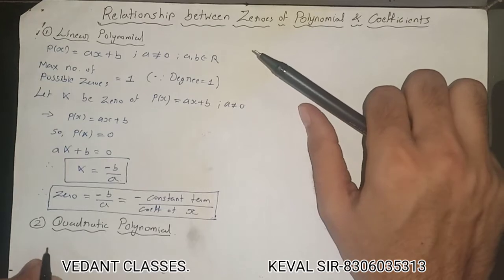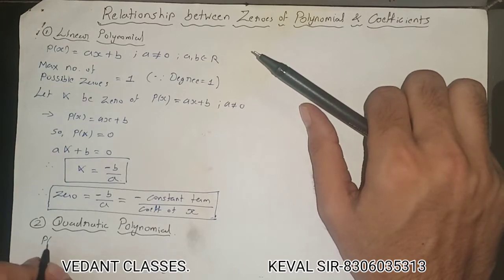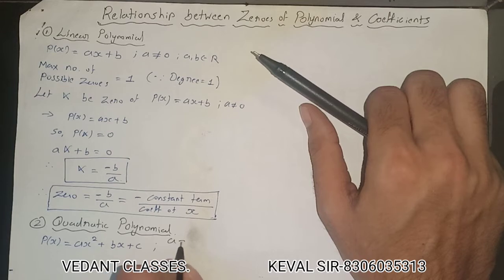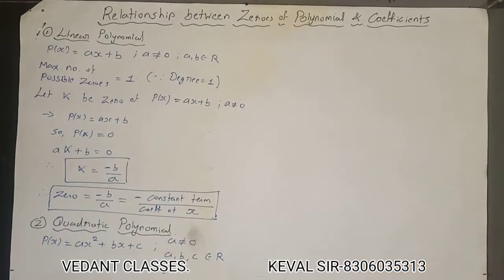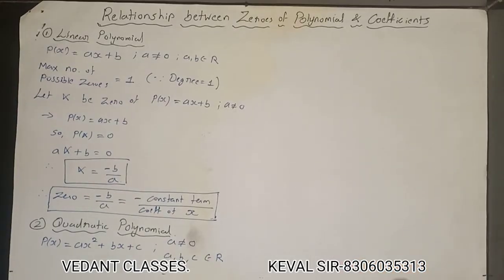We know that the quadratic polynomial p of x is written as ax square plus bx plus c, where a is not equal to 0 and a, b, c all three belong to real numbers. a cannot be 0, otherwise it will convert into a linear polynomial, so a can never be equal to 0.